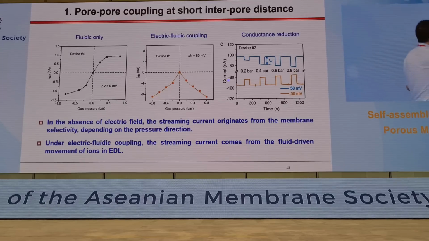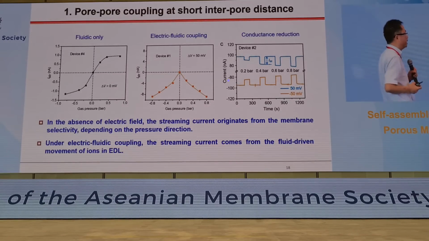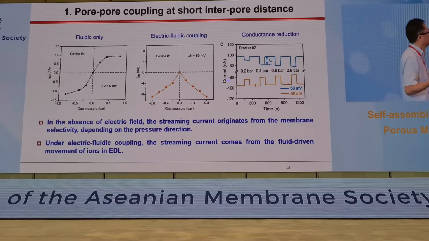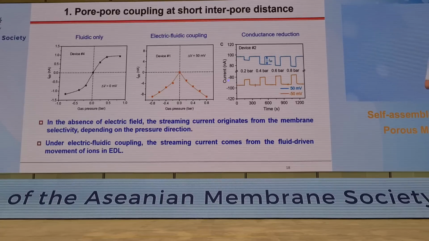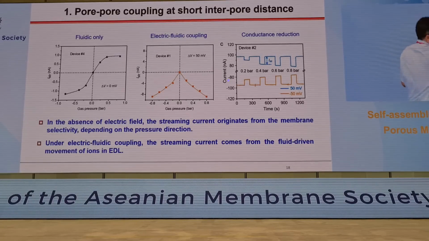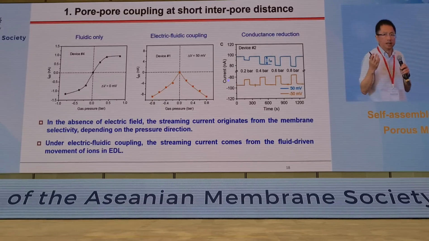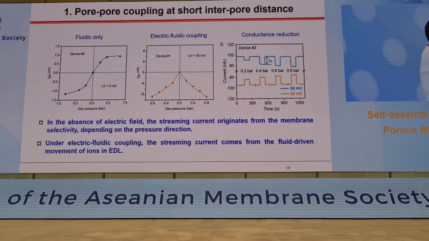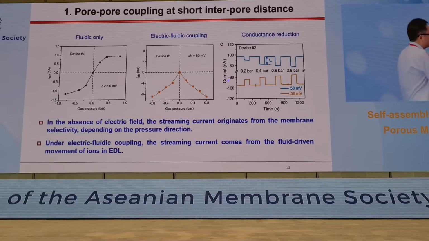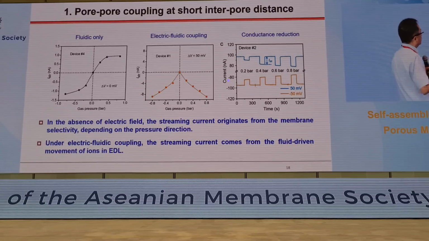So in this multiple pore system or high permeability system, in the absence of the electric field, the stream current originates from the membrane selectivity. As the left picture shows, we found the direction of the stream current strongly depends on the gas pressure direction.